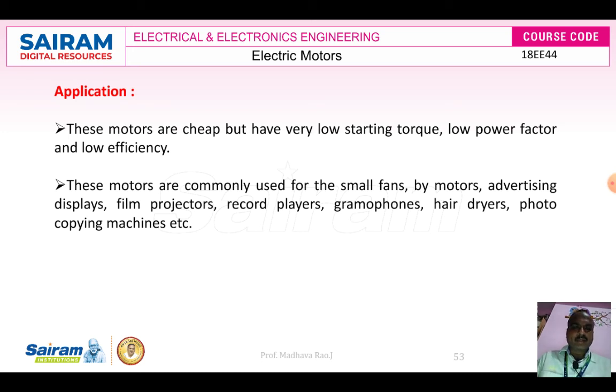These motors are commonly used for small fans, motors, advertising displays, film projectors, record players and gramophones, hair dryers, photocopying machines, etc. Shaded pole motors are used in applications with low starting torque, low power factor and low efficiency.